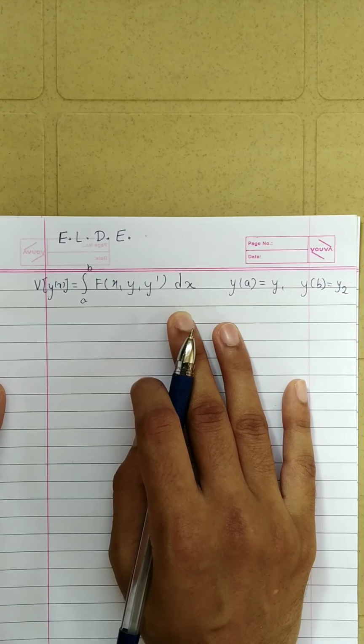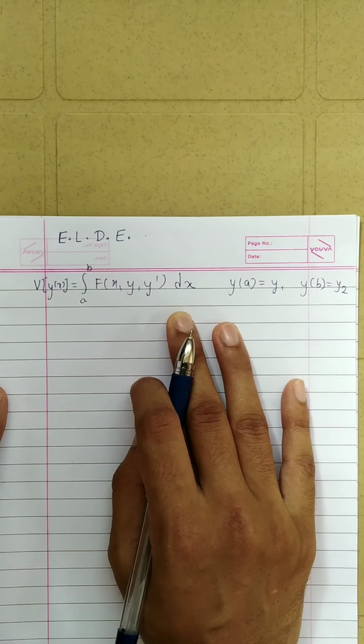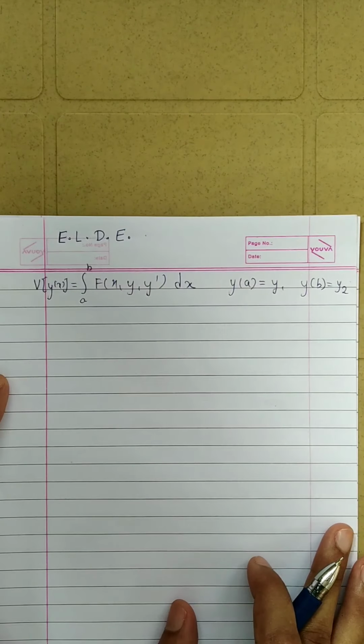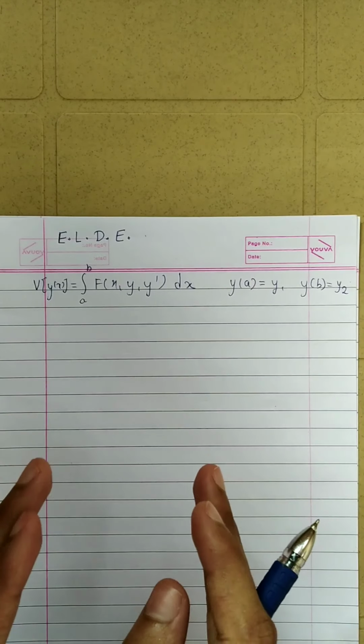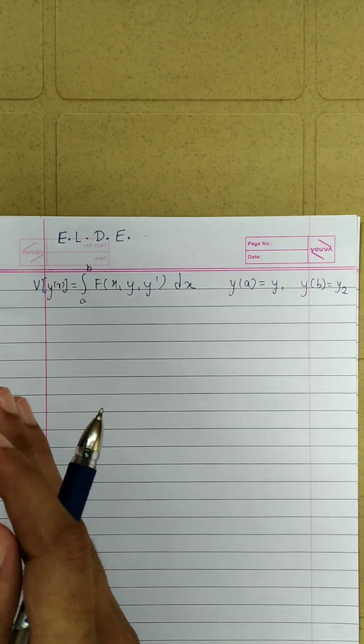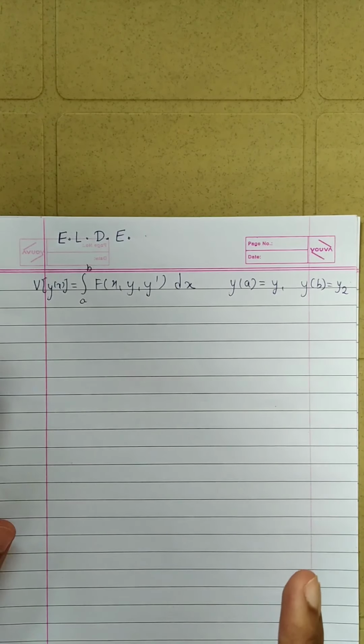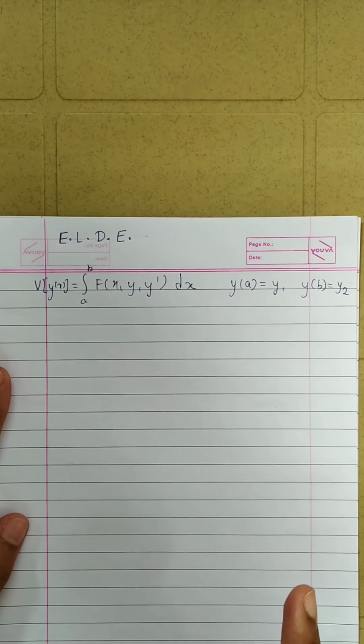Therefore the Euler-Lagrange differential equation is called the necessary condition for the extremal of a functional. So if it is an extremal, then it will satisfy the Euler-Lagrange differential equation.